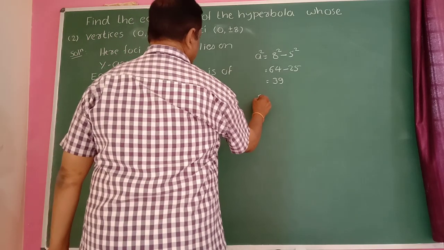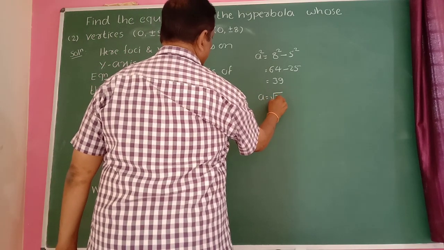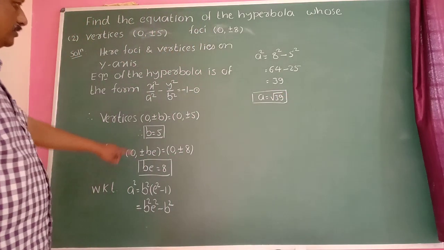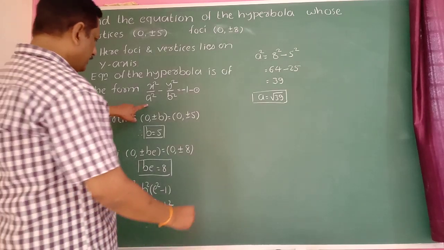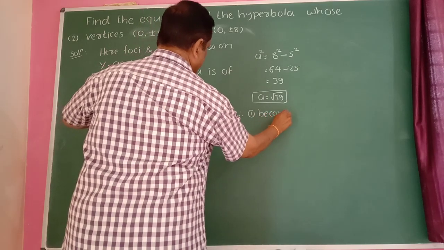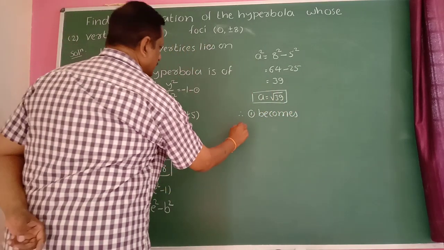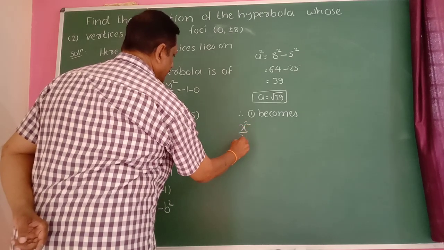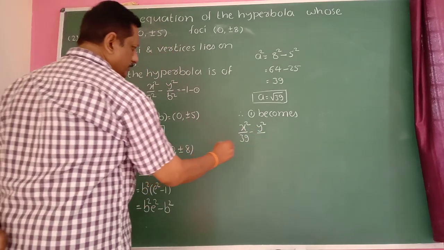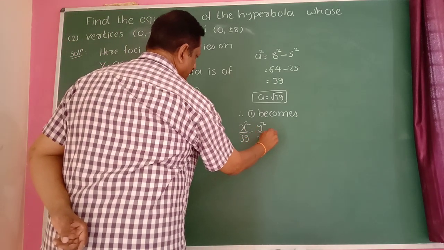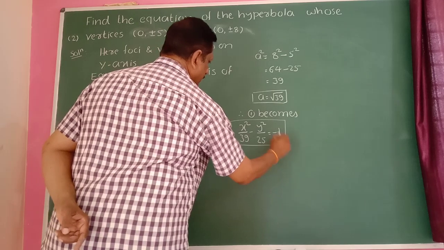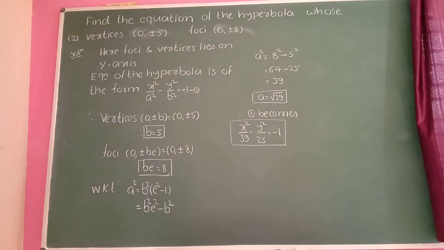Therefore a is root of 39. So equation 1 becomes x²/39 − y²/25 = −1. This is the required equation of the hyperbola. This is a conjugate hyperbola.